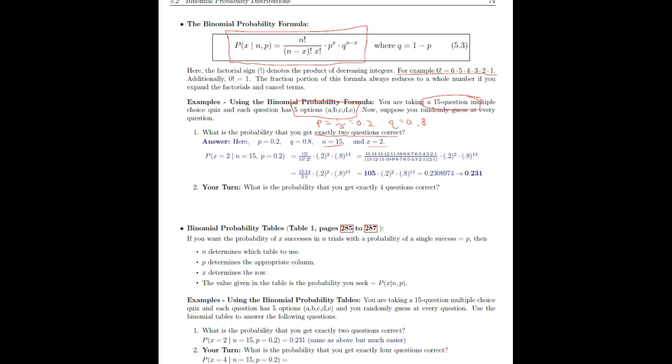So that's going to be p, 0.2, to the x power, which is the second power, times q, which is 0.8, to the n minus x power. And n minus x is 15 minus 2, which is 13. So this expression right here is going to give you the probability of getting exactly 2 questions correct on this test.